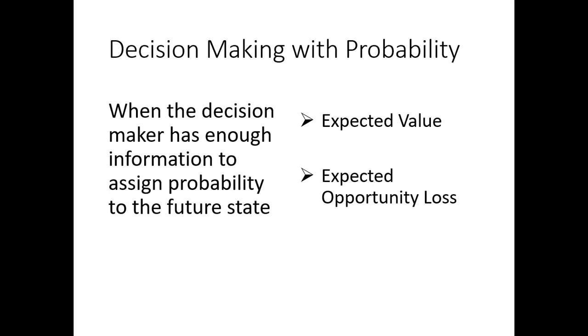So the two methods of decision making tools with probability are expected value and expected opportunity loss, EV and EOL.